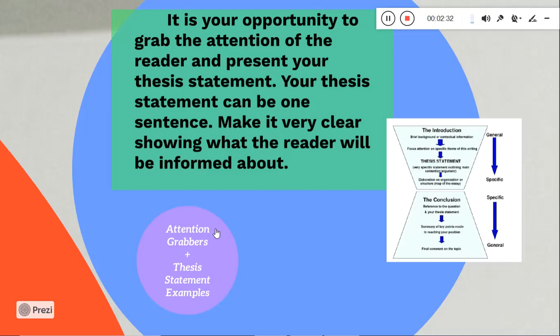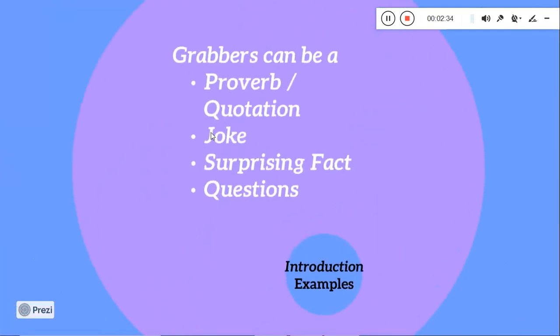Let's see attention grabbers first. Grabbers can be proverbs, quotations, jokes, surprising facts. The sentences we put in the first sentence of informative writing can be proverbs, quotations, which can be quoted phrases from a play and so on, or questions or surprising facts.